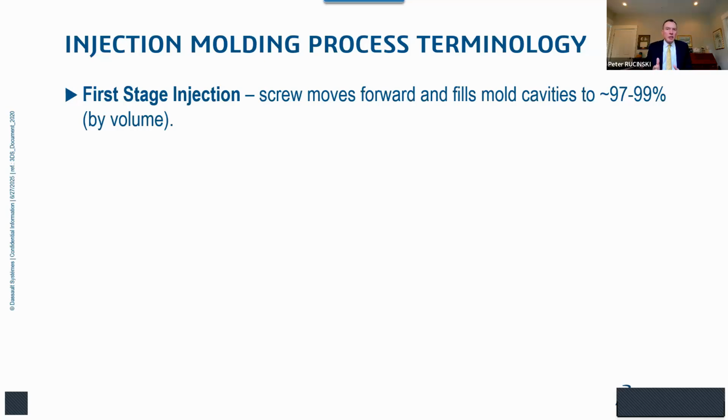It's what we call a velocity controlled phase of the process. So you're generally just looking to inject the plastic as fast as you possibly can without damaging the plastic material and without exceeding the maximum injection pressure capability of the injection molding machine.